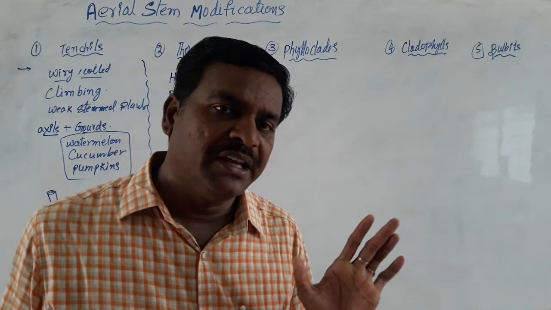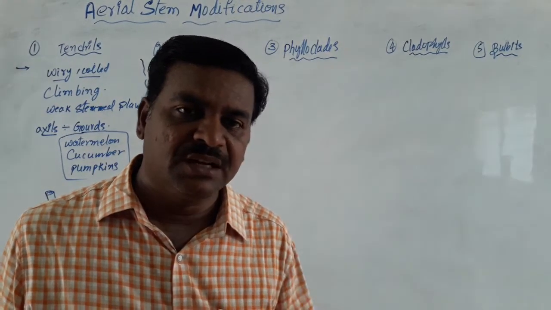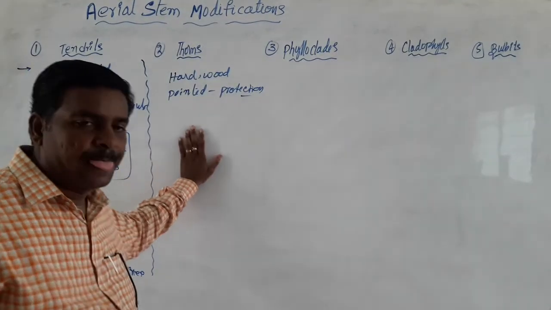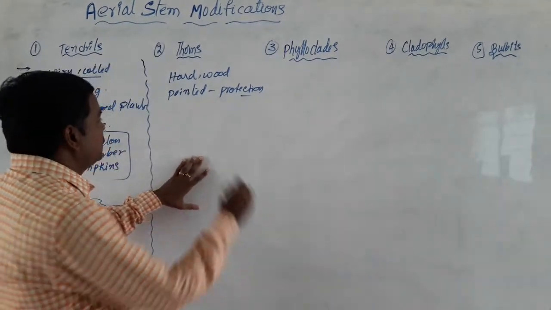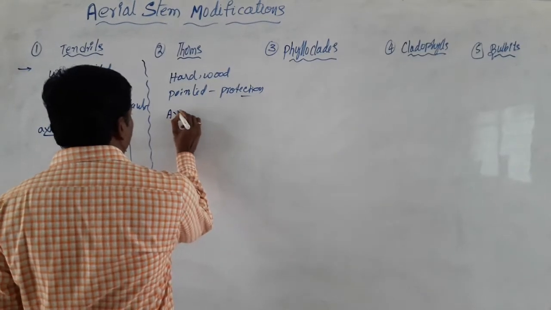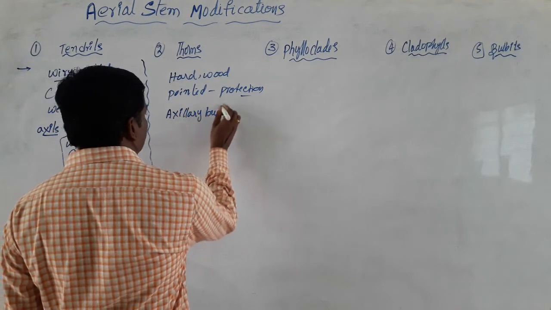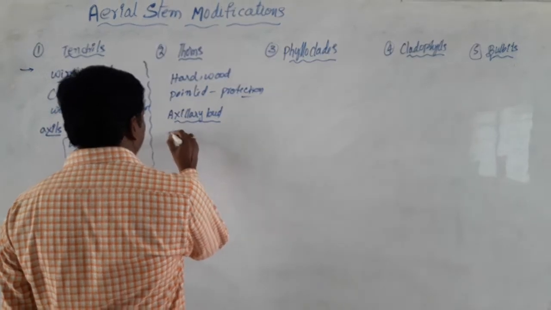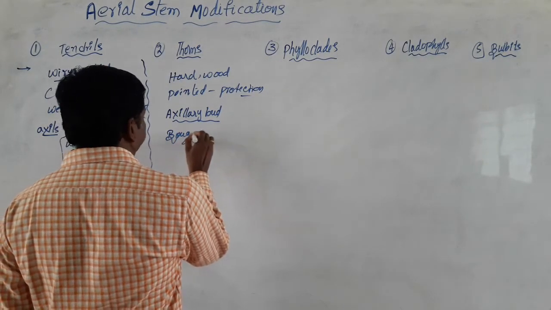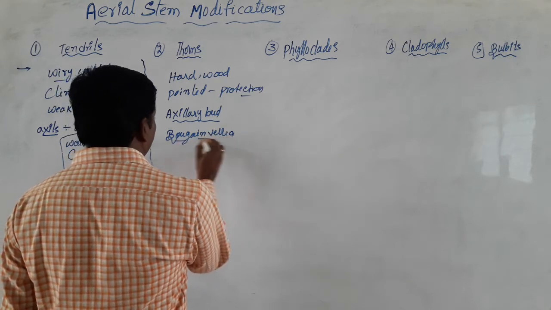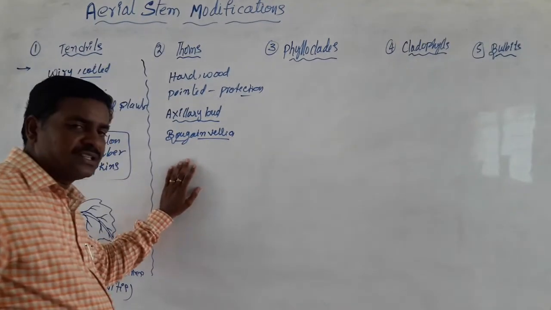Hard and woody pointed structures that maintain protection in plants are considered as thorns. These thorns may be developed from axillary bud, like in bougainvillea. In case of bougainvillea, these thorns are developed from axillary bud.